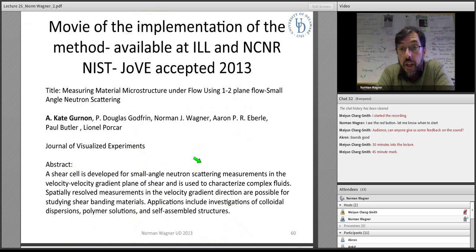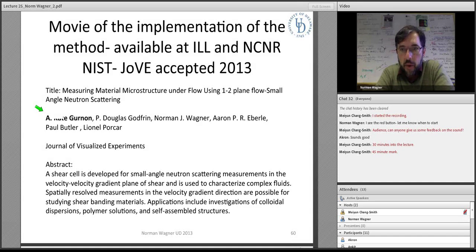If you're interested in this technique, there is actually a journal called the Journal of Visualized Experiments, and the paper and the movie have been created. Kate Gernon, the graduate student you saw in the previous picture, stars in the movie in which she implements the method at the NCNR at NIST, goes through the assembly and loading of the cell and the alignment and all of that.